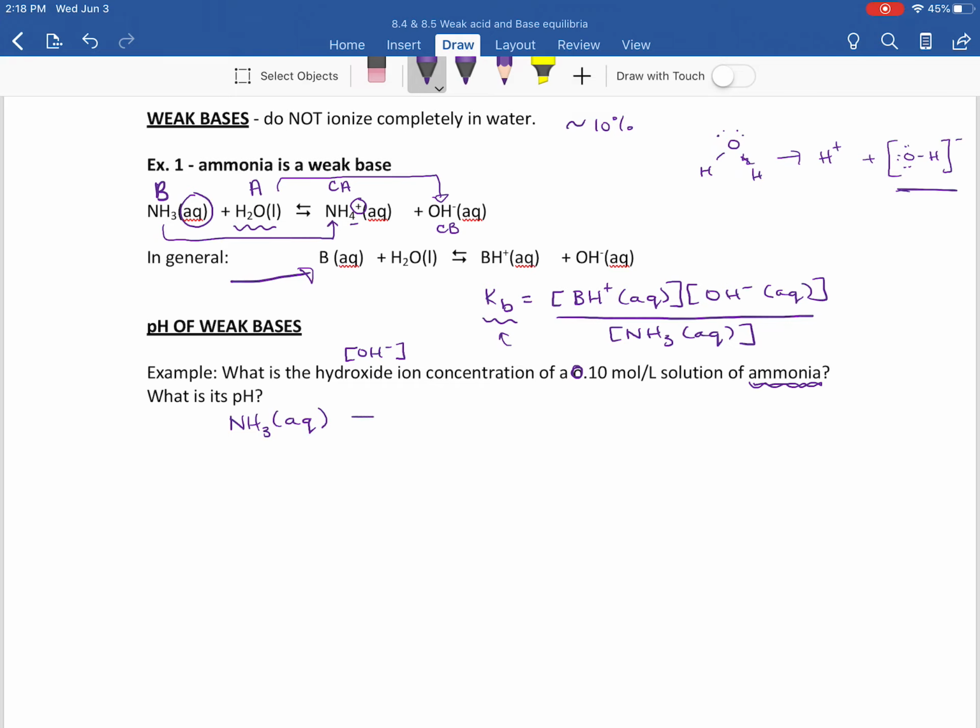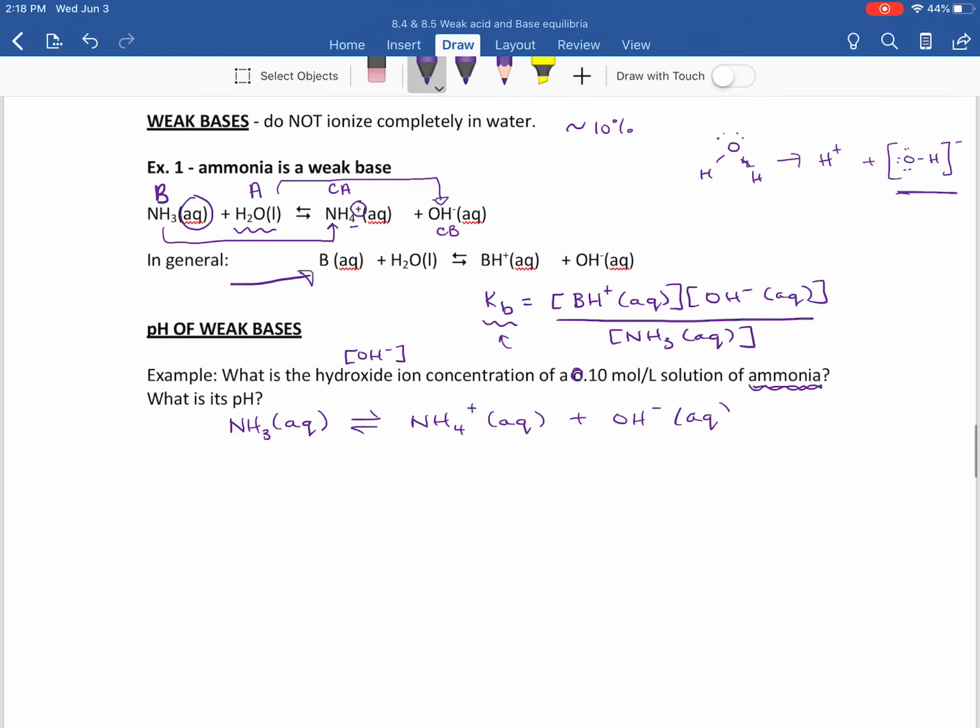So ammonia gains its proton from water, and water loses its proton, forming the hydroxide. So there's my equation. So let's do our ice table. Okay, initially we start out with 0.1 molar solution of ammonia.